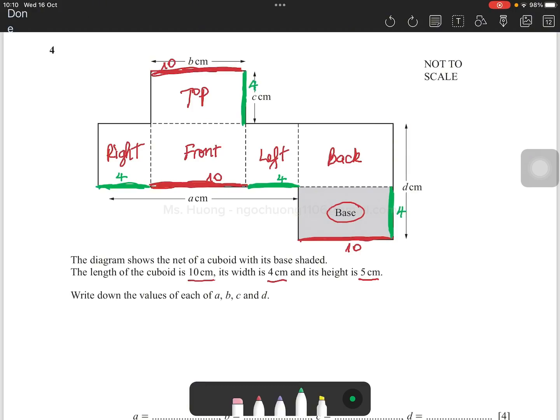And now let's talk about the height. The height is 5 centimeters. So this one is the height, 5 centimeters. And the width is 4 centimeters. 5 for this. Now we'll calculate the values of A, B, C, and D. A is equal to 4 plus 10 plus 4 equals 18 centimeters.